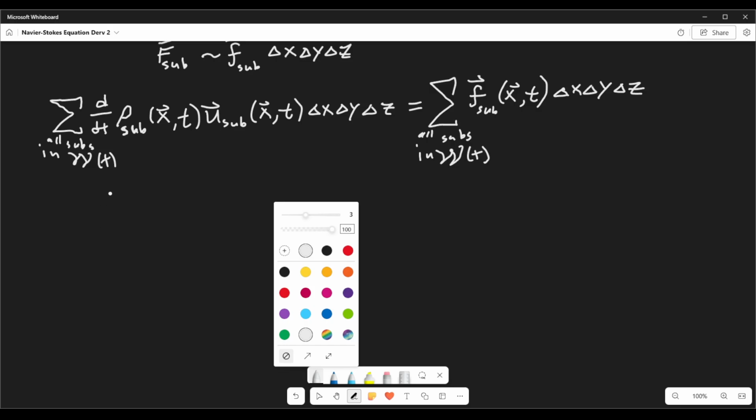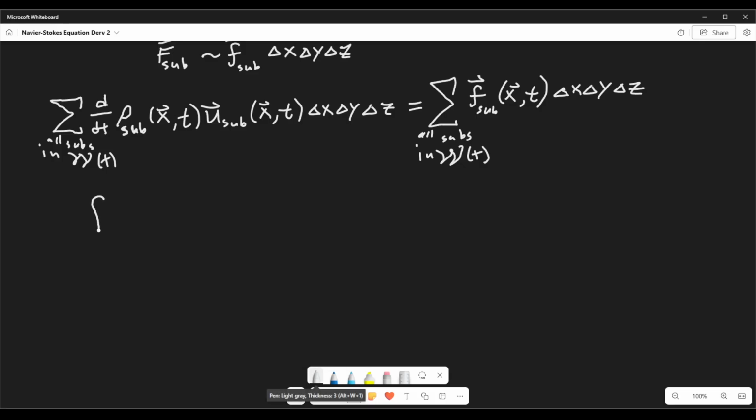And so this is basically just a volume integral. Going from the discrete case to the continuous case, the sum becomes the integral, and the d by dt can be moved out of the sum.